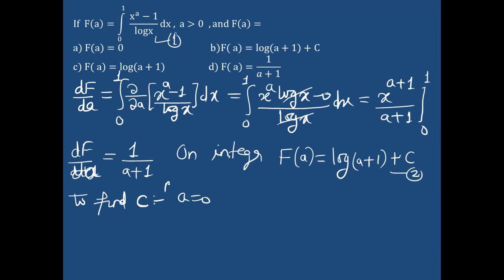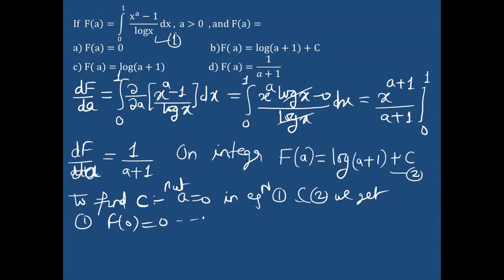So put a equal to 0 in equation number 1 and 2. So 1 implies f of 0 is 0, and 2 implies f of 0, a we are putting as 0, log of 1 is again 0, plus c.